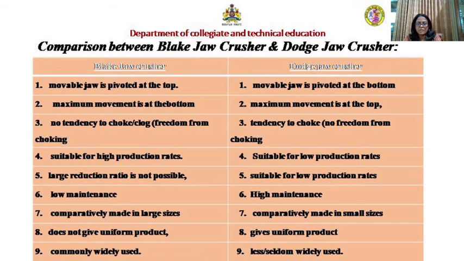So in the beginning we saw that there are two types of jaw crushers, Blake jaw crusher and Dodge jaw crusher. Now let us understand the important differences between the two. The main difference we already have learnt. The movable jaw is pivoted at the top for the Blake jaw crusher, whereas for the Dodge jaw crusher it is fixed at the bottom. Since the movable jaw is pivoted at the top, the maximum movement is at the bottom for a Blake jaw crusher.